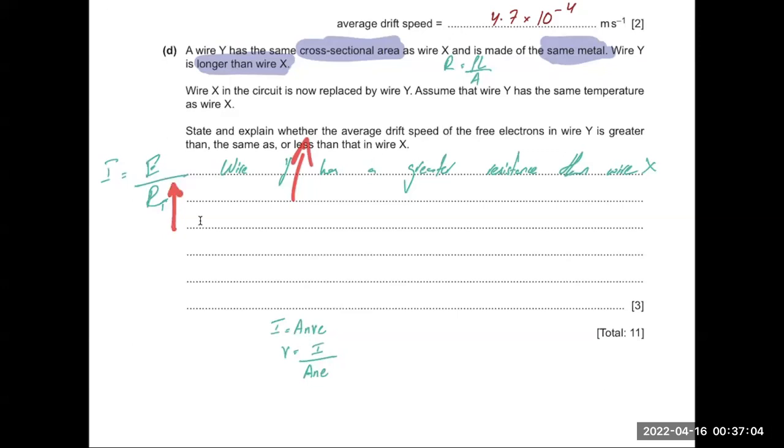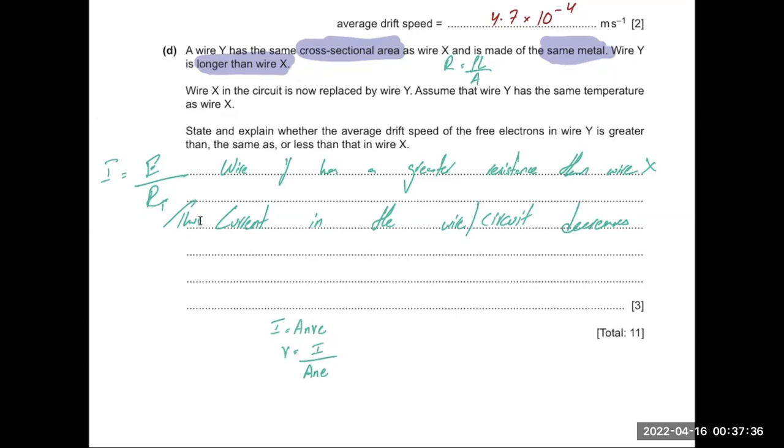And because the total resistance of the circuit has increased, the current decreases, which causes the current in the wire, or current in the circuit, and hence the wire, to decrease. We still haven't answered the question.